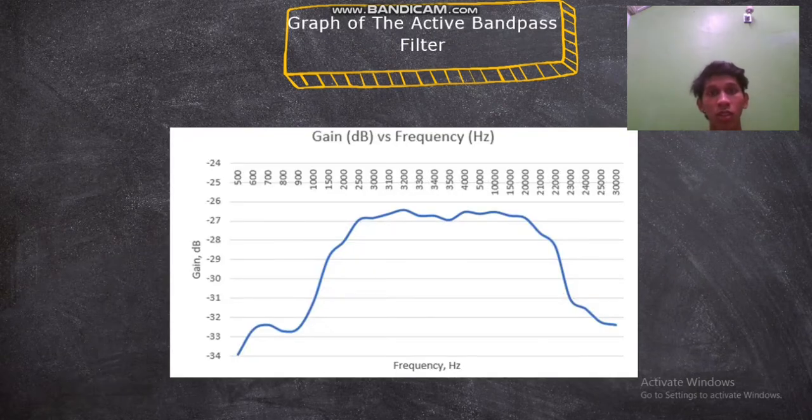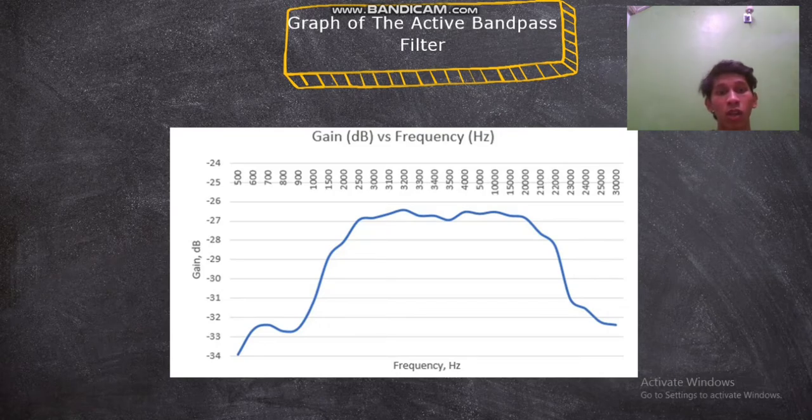This is a graph of the active bandpass that we recorded in the laboratory. As you can see, at 500 Hz we got 33 point something dB, negative 0.31 dB.